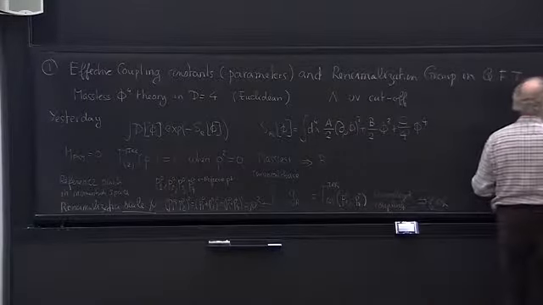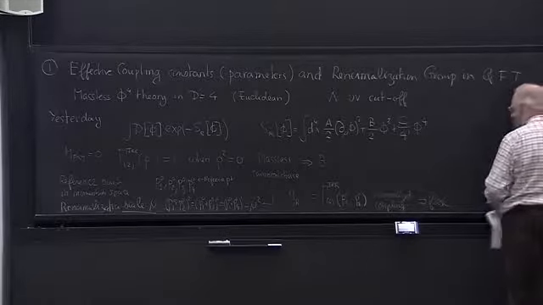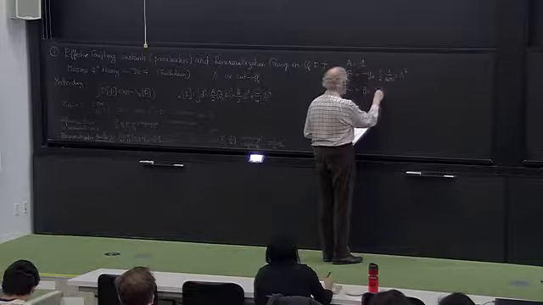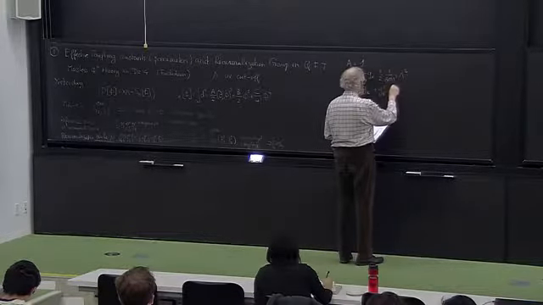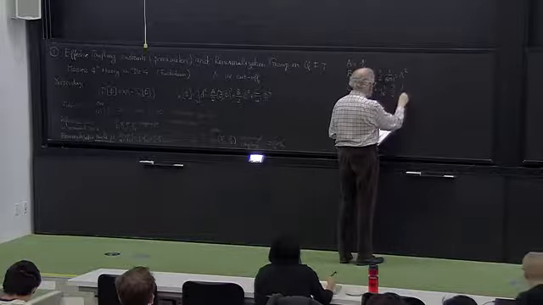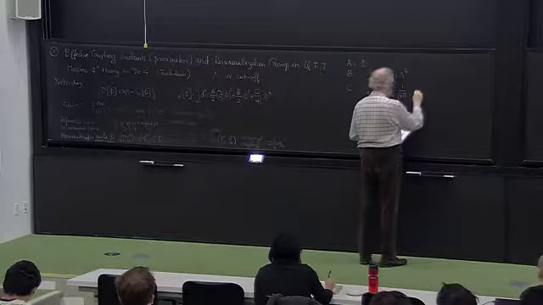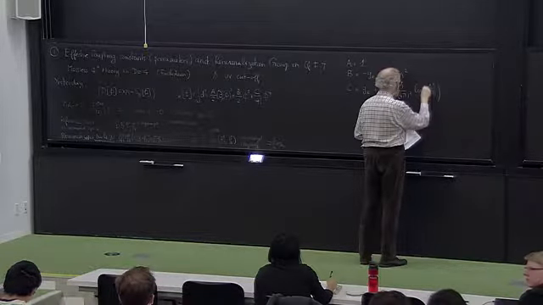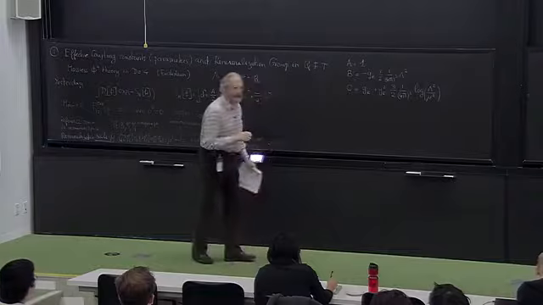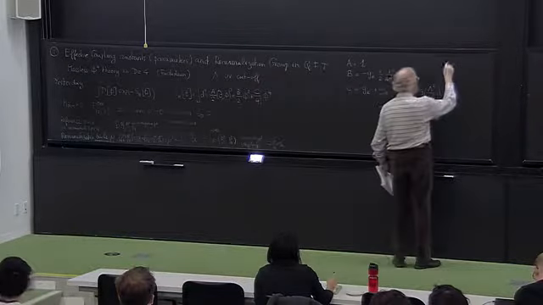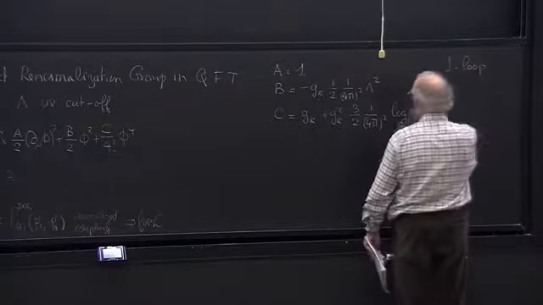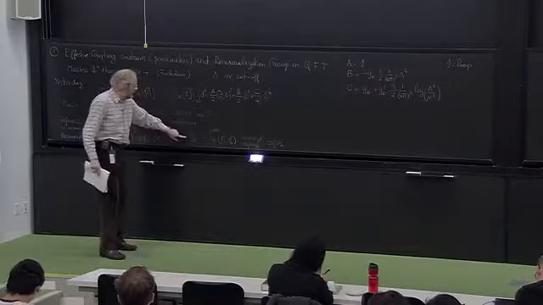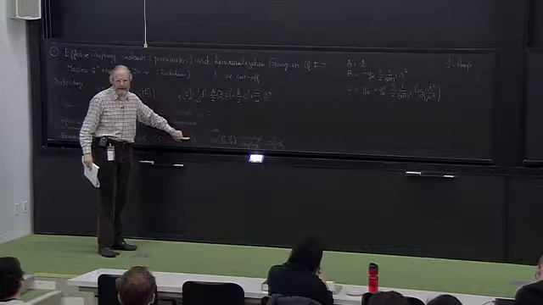And C, in order to have this relation, is GR plus GR squared, and there was a factor of 3/2, 1 over 4 pi squared, and the log of lambda squared divided by mu squared. Okay? And that's a relation at one loop order between the bare parameter and the renormalized coupling and the cutoff.